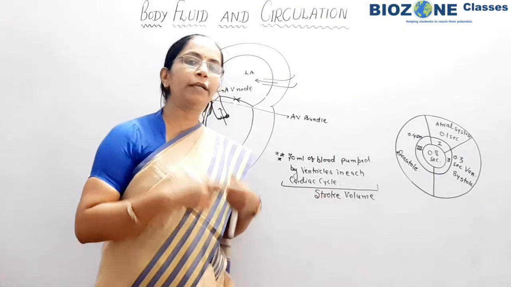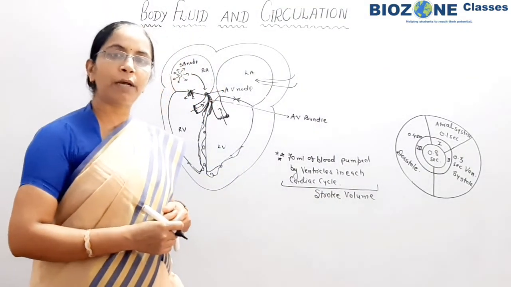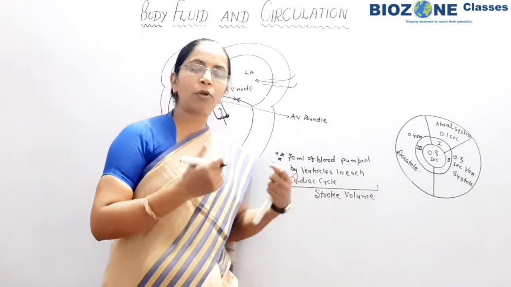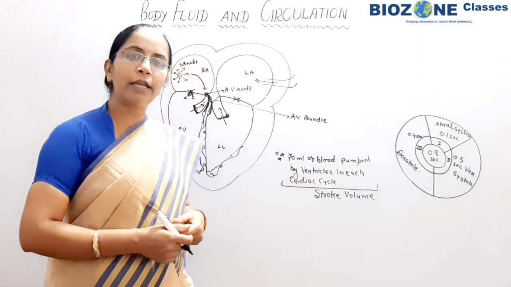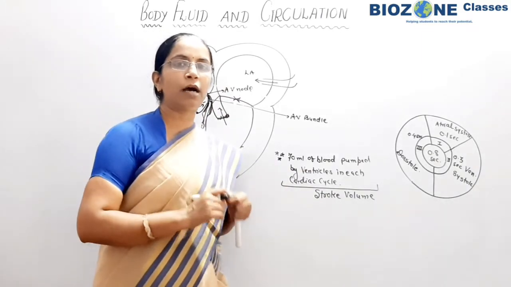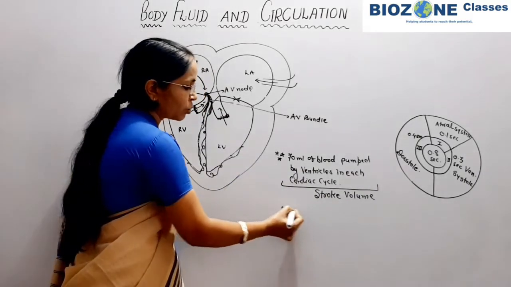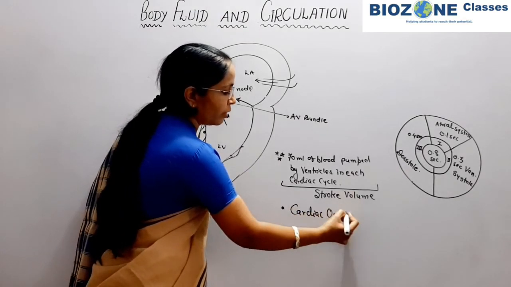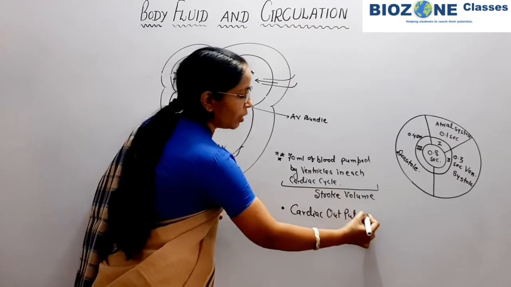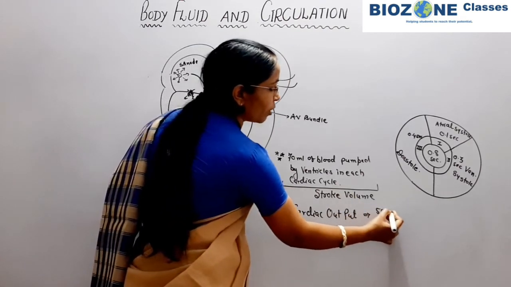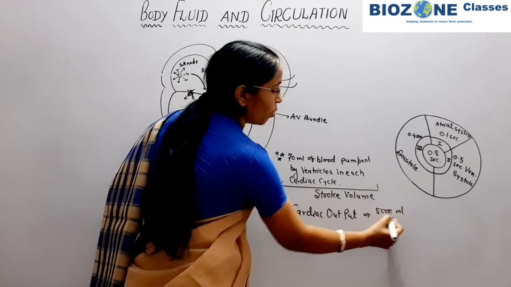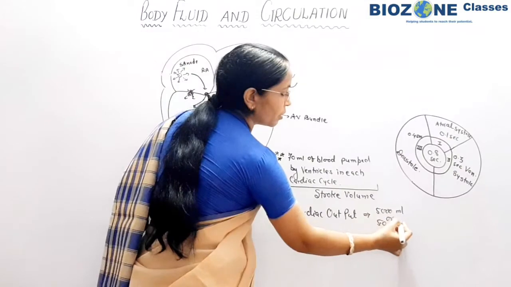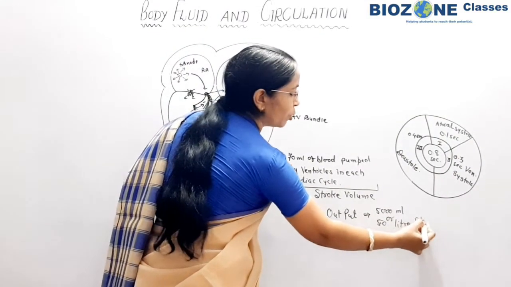When this stroke volume is multiplied by the heartbeat per minute, that is multiplied by 72 times, then automatically you obtain the cardiac output. You remember, the cardiac output in a healthy person is nearly 5000 milliliter or 5.0 liter of blood in 1 minute.